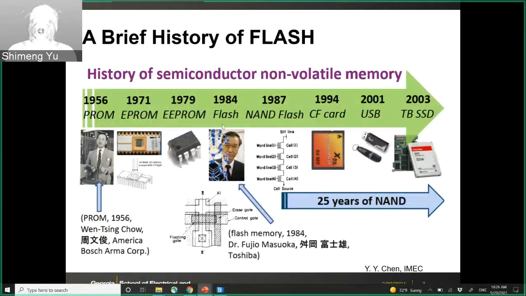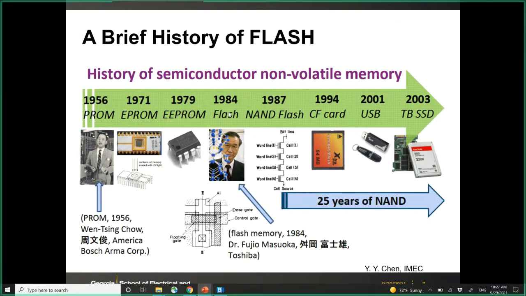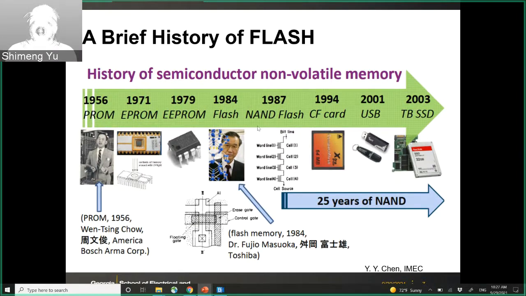But actually, this was just a concept from Bell Lab. The real product that made flash technology really available is from 1984, when Toshiba invented the flash concept. Previously, floating gate transistors could be programmed and erased, but the flash, in terms of NOR and NAND flash array architecture, made the flash memory really fast.